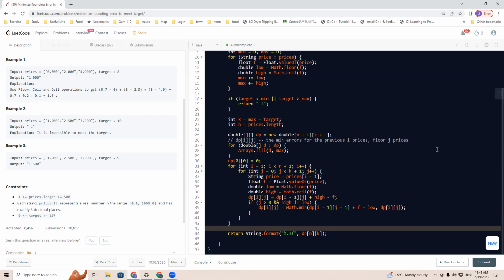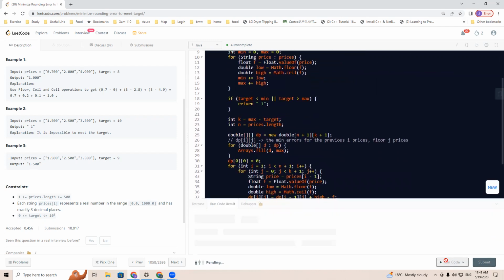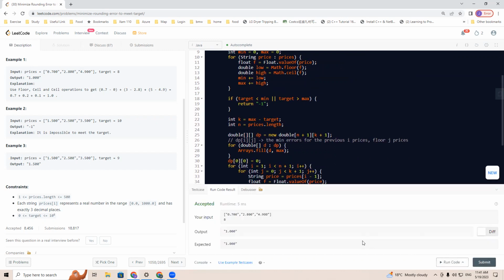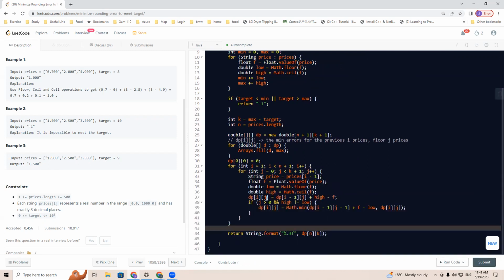So this is pretty much like the backpack problem. For every number, this ij will depend on i minus 1 j and i minus 1 j minus 1.